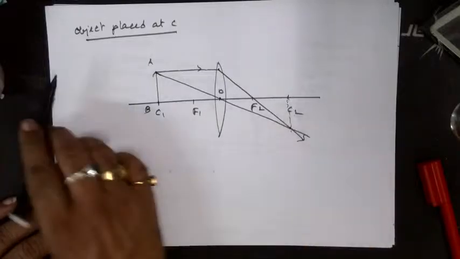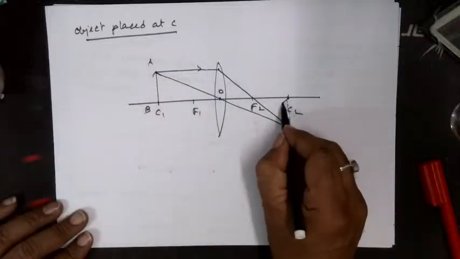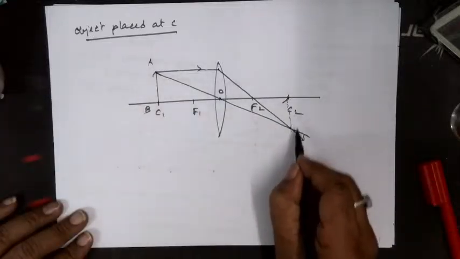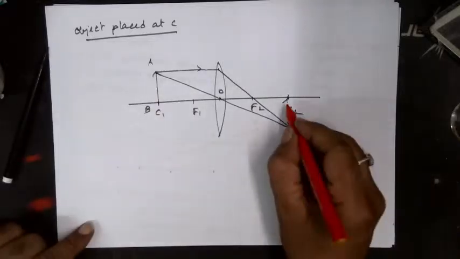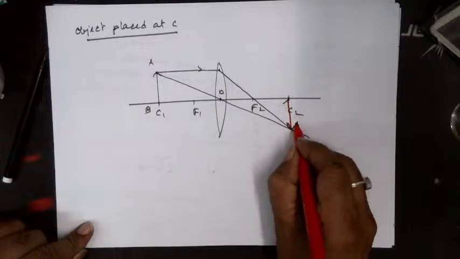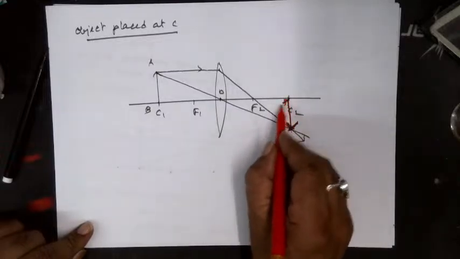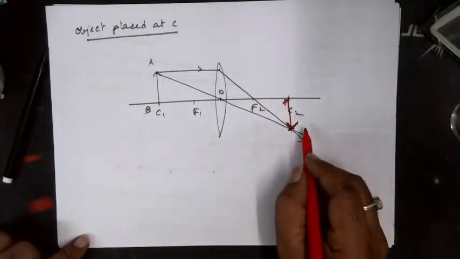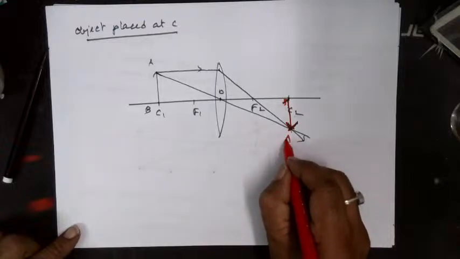So this is the image. So this is equal, inverted, real. So this is A dash, B dash.